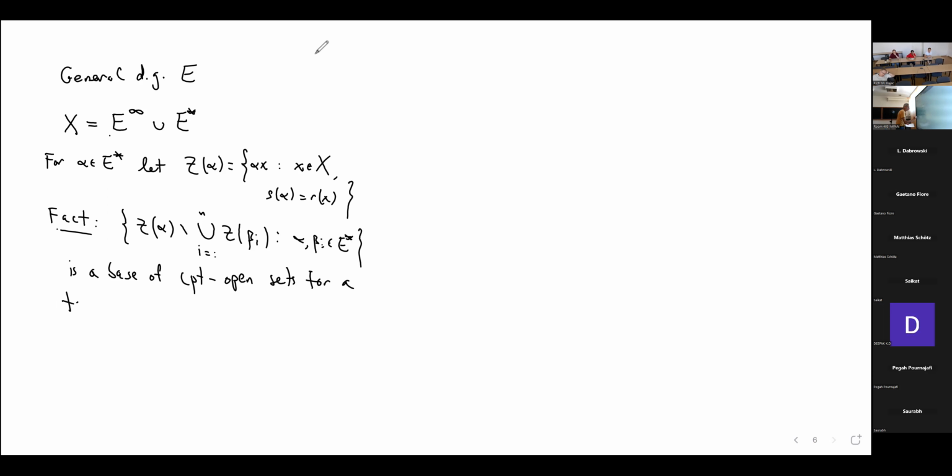Totally disconnected, compact, or locally compact in general.